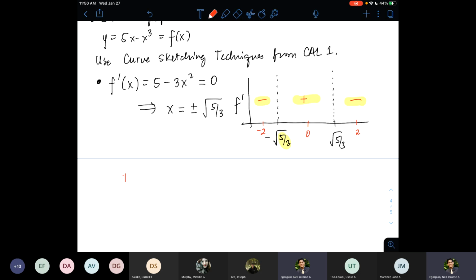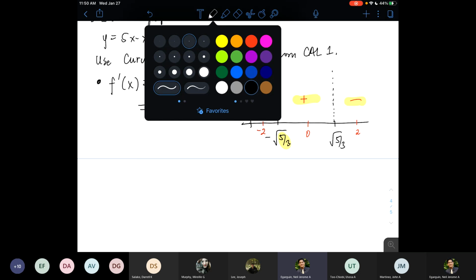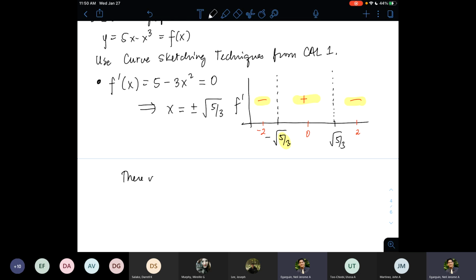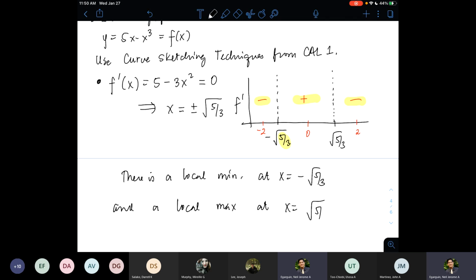We know that there is a local minimum at x equals negative root of 5/3, and a local maximum at x equals root of 5/3, right?